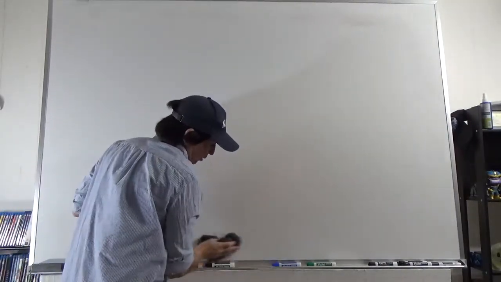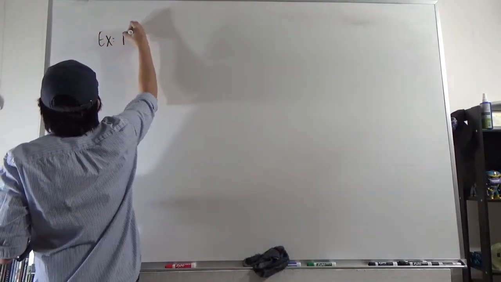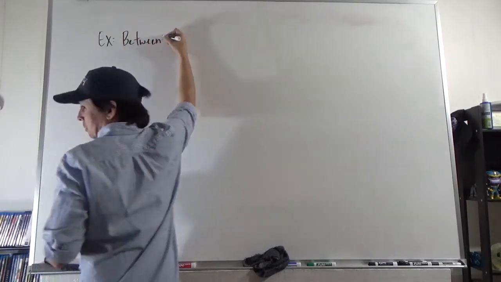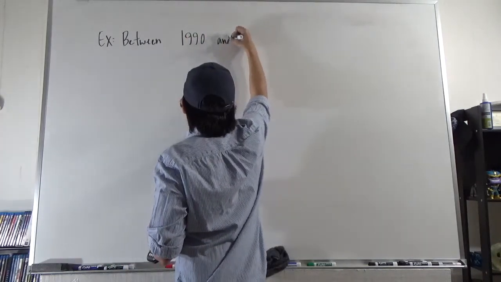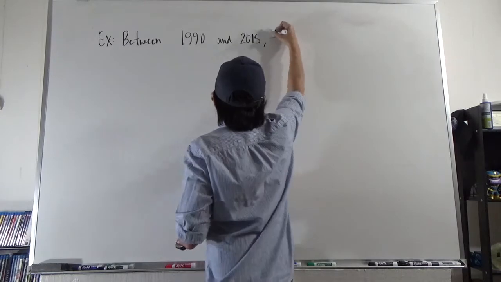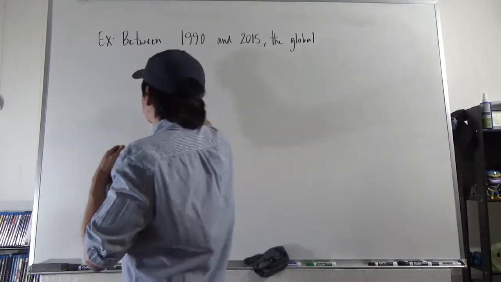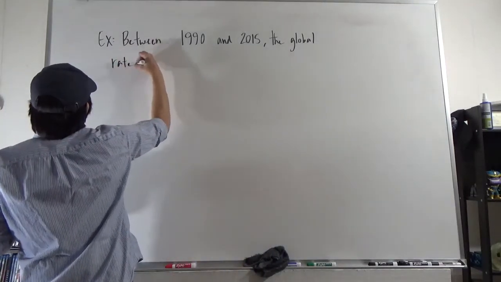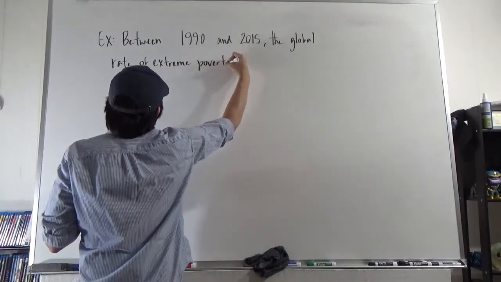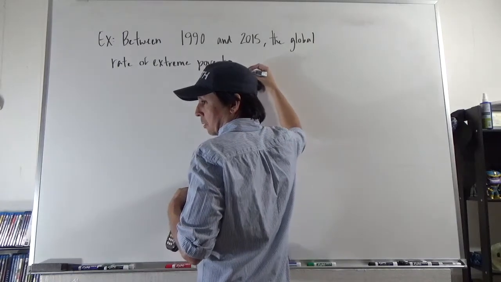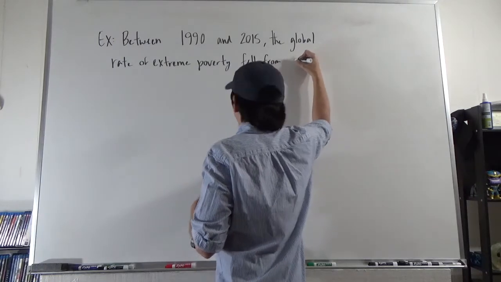Got that down? Pause it if not, some erasing. Between 1990 and 2015, the global rate of extreme poverty fell from 36.2%.